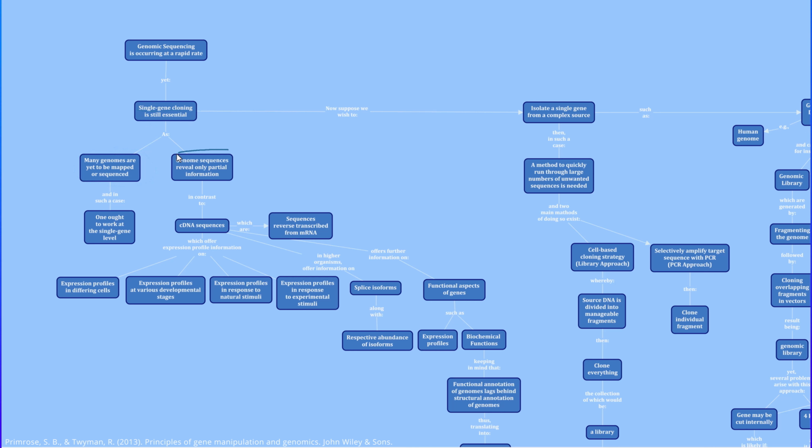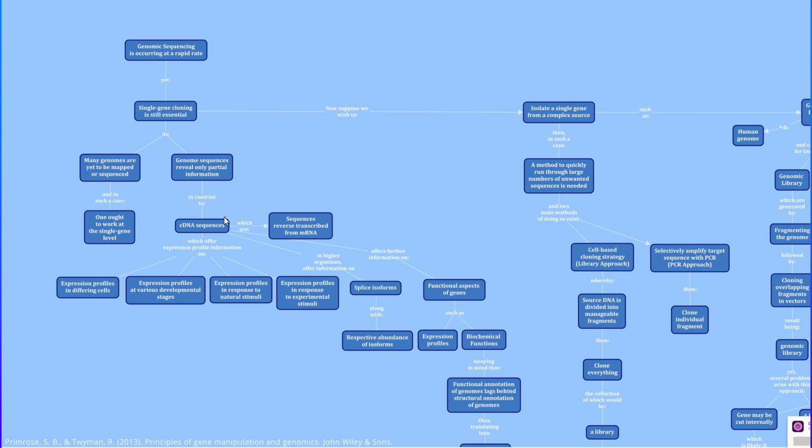And also, genome sequences only reveal partial information, in contrast to cDNA sequences, for example, which provide an array of information that I'll discuss in a bit. So when we say that many genomes are yet to be mapped or sequenced, you have to keep in mind that in such a case, one ought to work at the single gene level. And also, we're interested in genomic sequencing, but genome sequences only provide partial information.